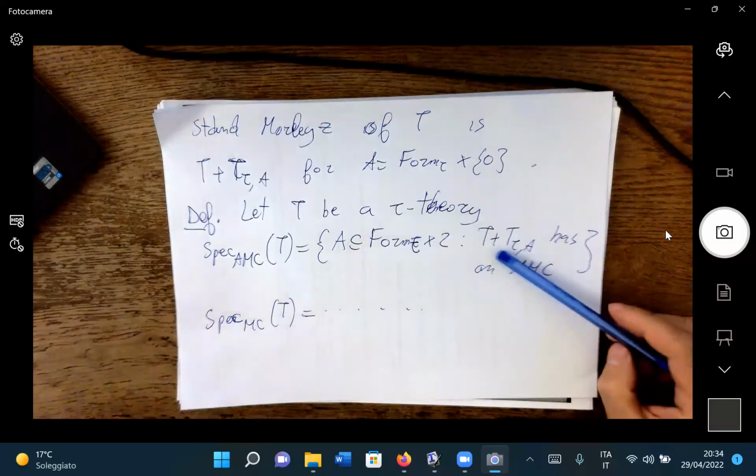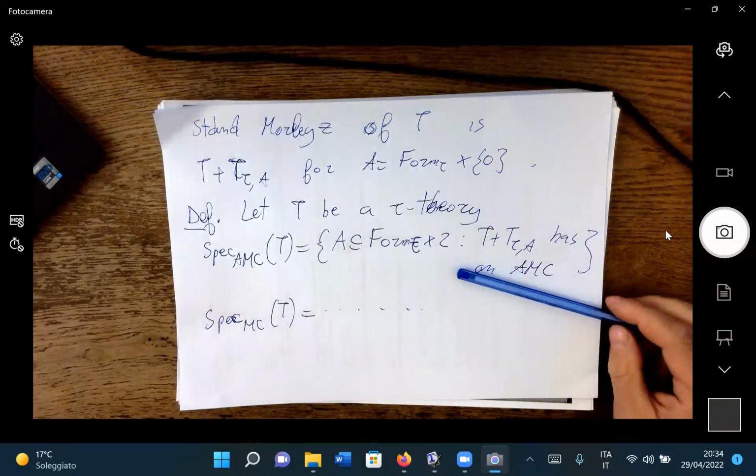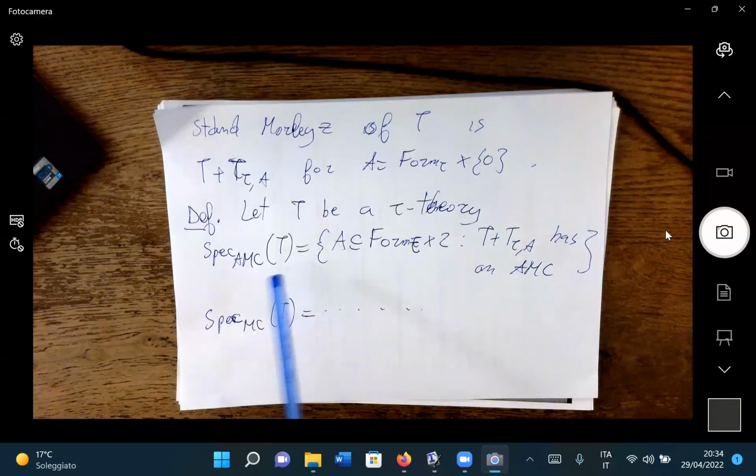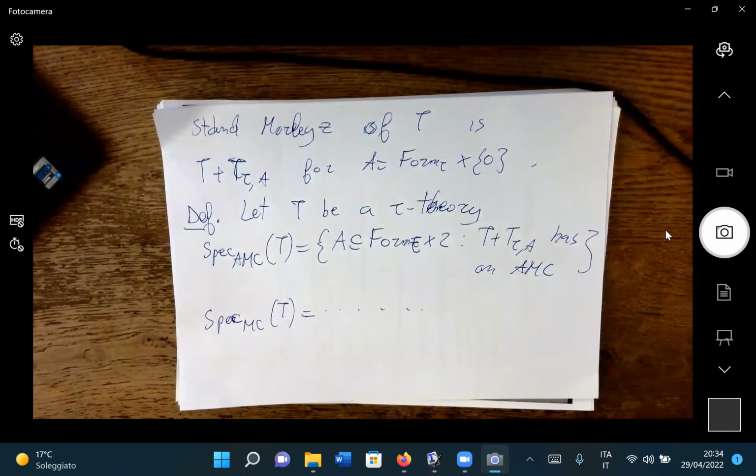So the idea is how am I going to detect the property of a theory? Well, I look at the subset of the formulae for which, when I declare that those concepts are simple, equating them to atomic formulae or to Skolem functions, I'm making the theory simple in the sense that it admits a model companion or an absolute model companion.